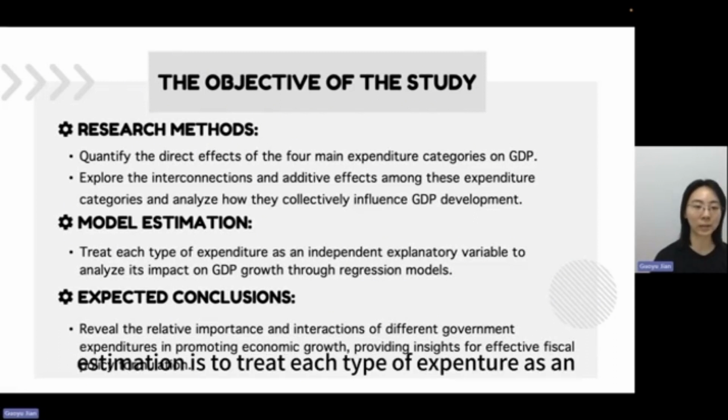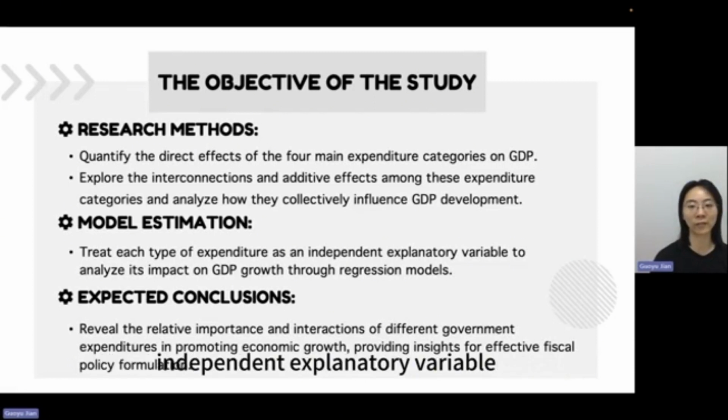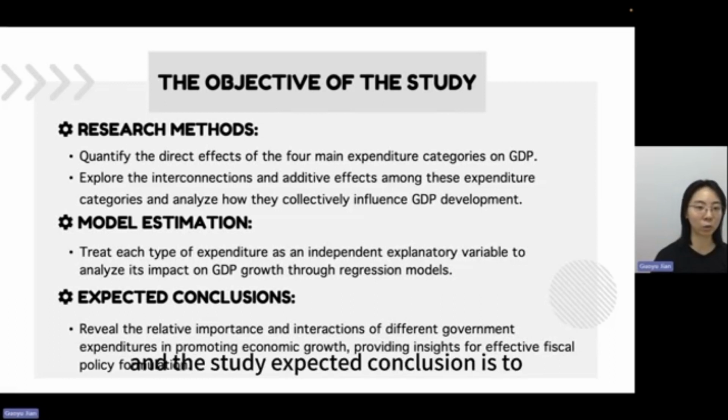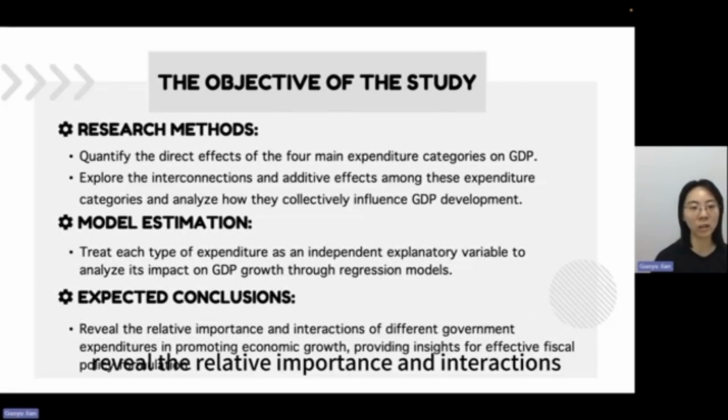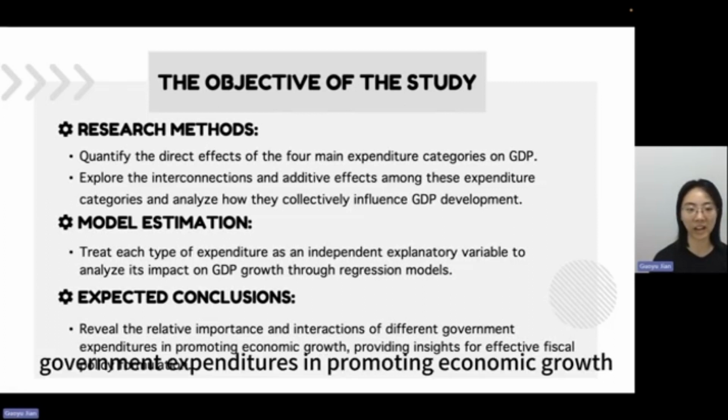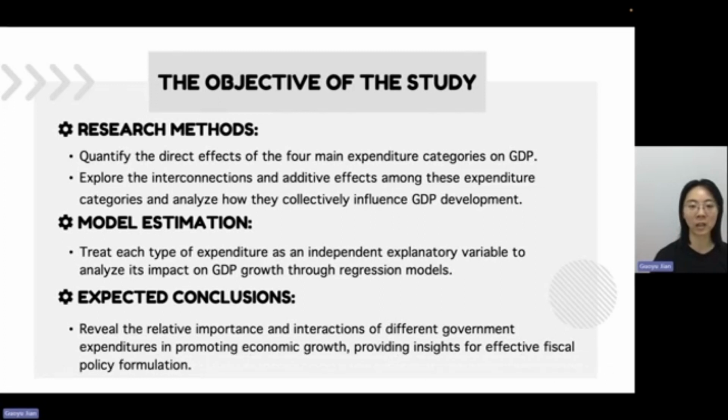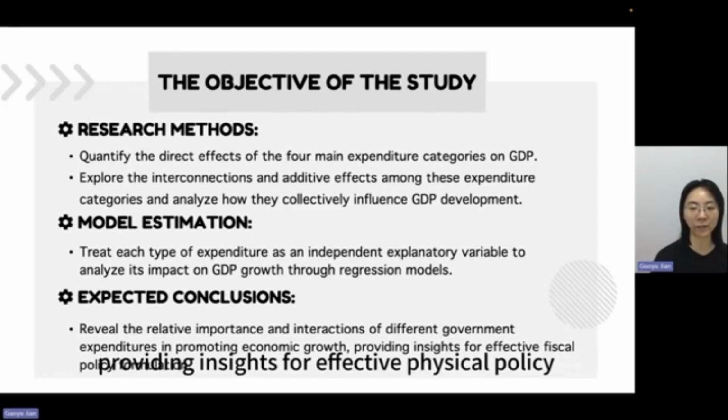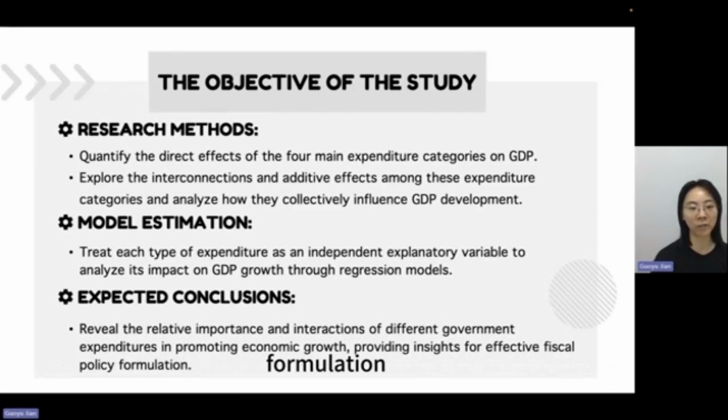The model estimation treats each type of expenditure as an independent explanatory variable to analyze its impact on GDP growth through regression models, and the expected conclusion is to review the relative importance and interactions of different government expenditures in promoting economic growth, providing insights for effective fiscal policy formulation.